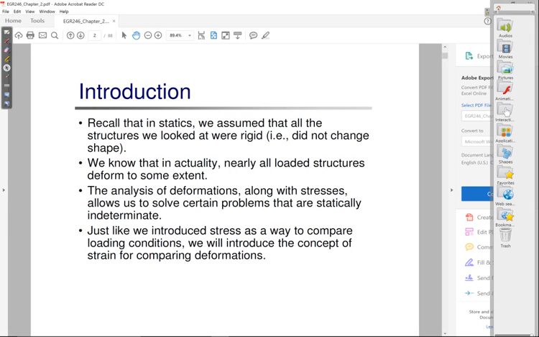All right, now to put all of this in context for you, right, even though we looked mostly at parts that were in tension and compression last time, we also talked about this idea of a general state of stress. And I said that the general state of stress basically represents all the forces or all the stresses acting at a single point on a part.